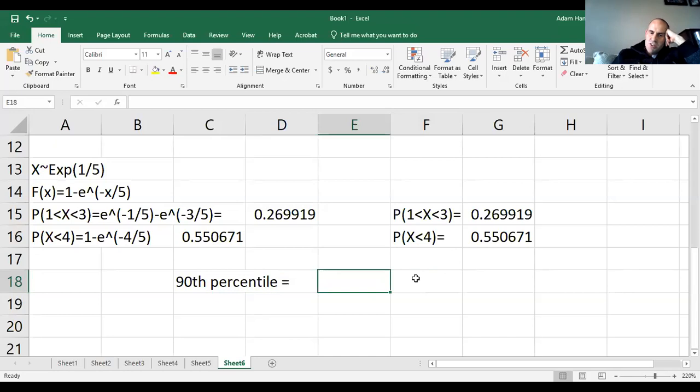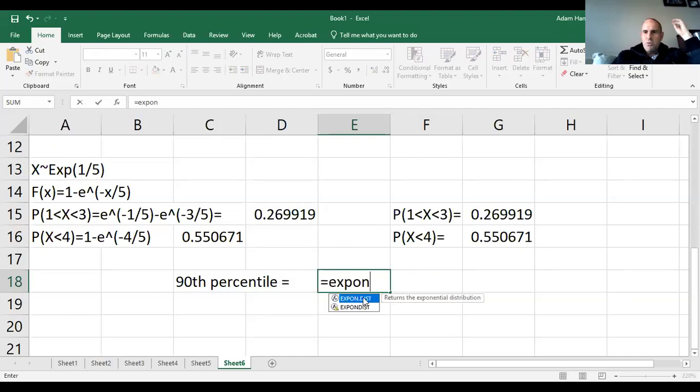Now, there are some distributions, like the normal distribution, where it will give you the option of actually finding the x value that gives a certain percentage.